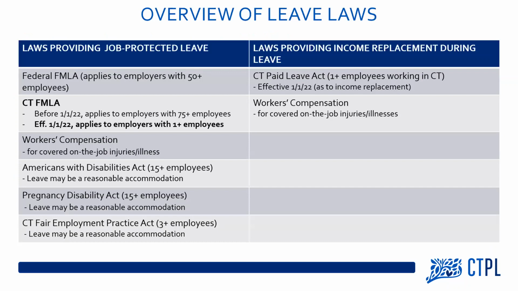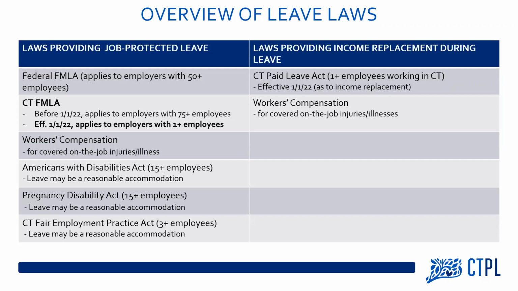Overview of leave laws. There are laws providing job protected leave. Federal FMLA applies to employers with 50 or more employees. Connecticut FMLA, before 1/1/22, applied to employers with 75 or more employees. Effective 1/1/22, this law applies to employers with 1 or more employees.